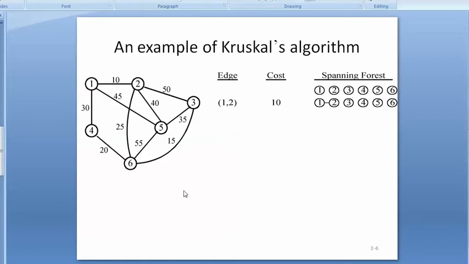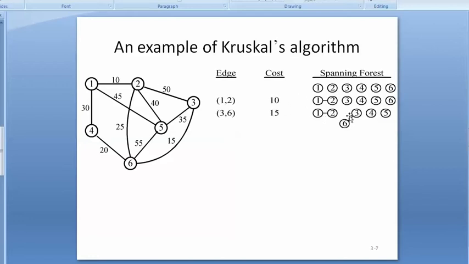Now suppose we have the sorted list, we pick the first edge, that is the smallest weight, 10, and put it into a spanning forest which initially was just the vertices with no edges. So the first edge included was the 1-2 edge having weight 10. Then in the next step, we choose the next smallest edge, having weight 15 between vertices 6 and 3, and this is included here. It is not forming a cycle, so it can be included.